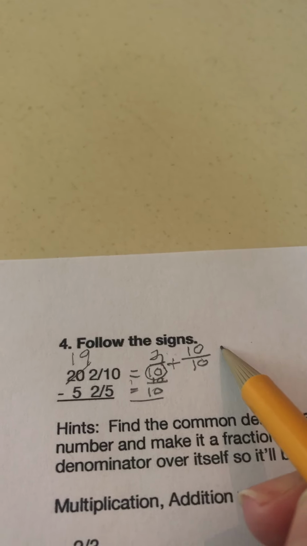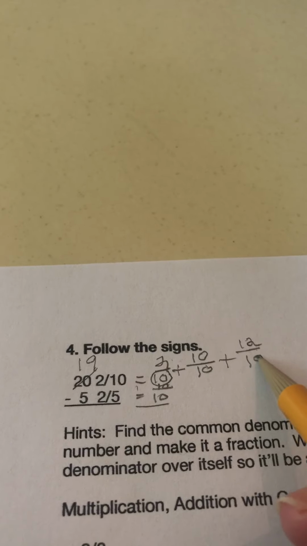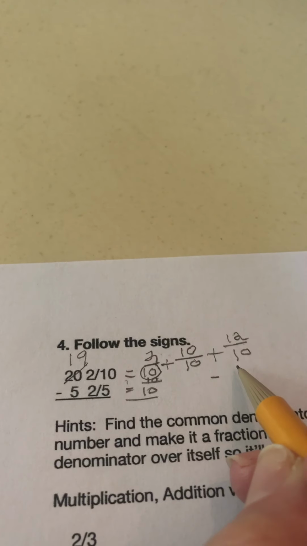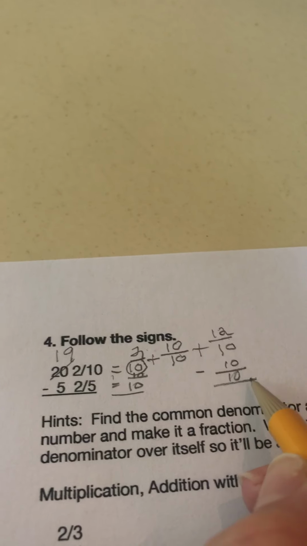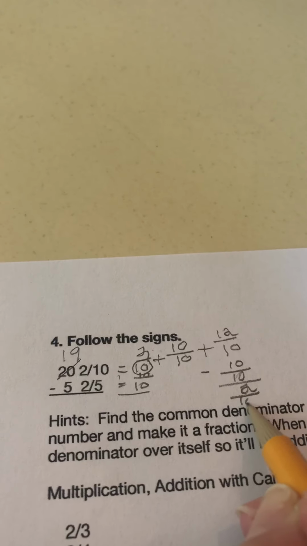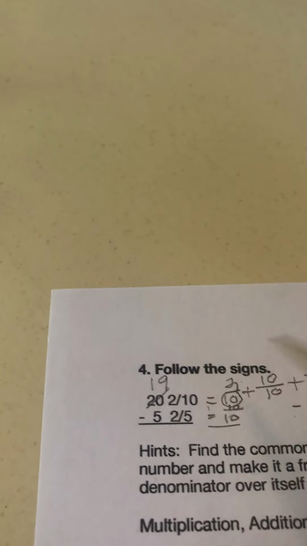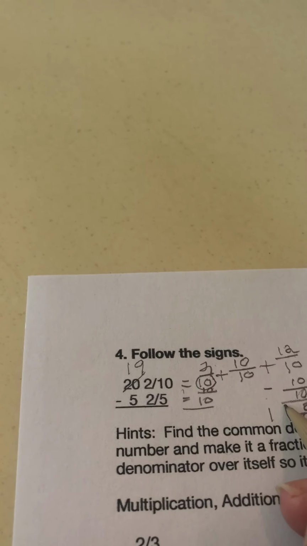So then you add that, so that is 12 tenths minus 10 tenths. So that is going to be 2 tenths. Now remember we're subtracting, and remember we have a whole number over here. 19 minus 5 is going to give you 14.